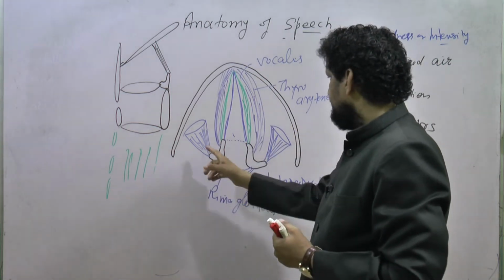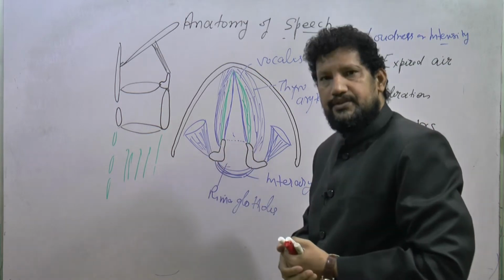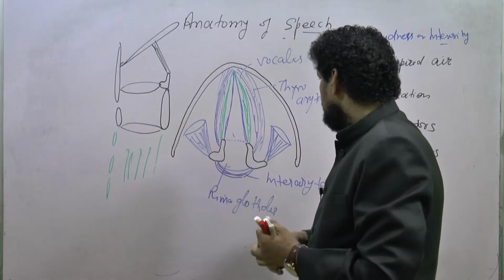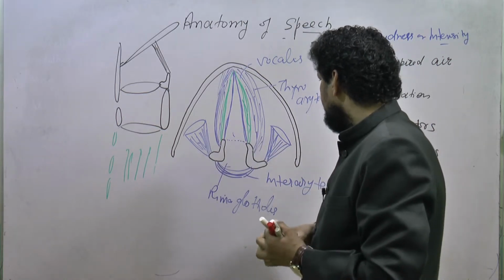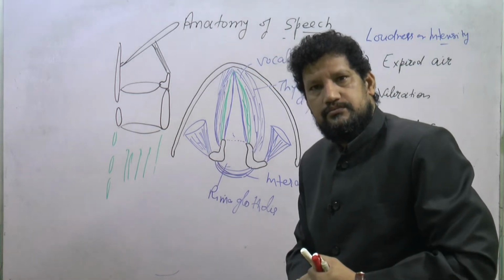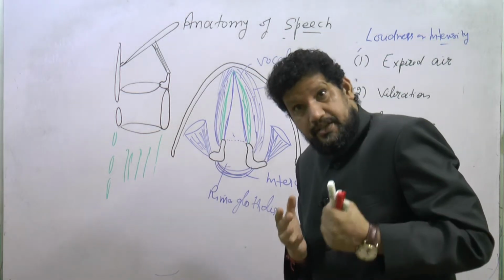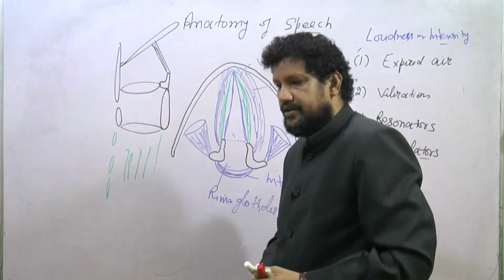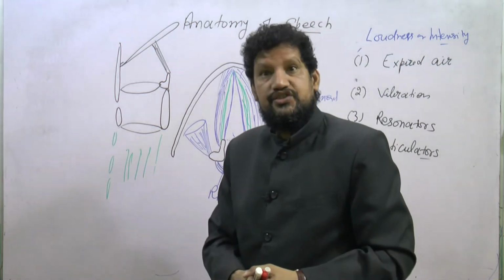Due to the action of these muscles, there is adduction of the vocal cords and arytenoid cartilages and closing of the rima glottidis. It is completely closed, or it may be converted into a linear chink.